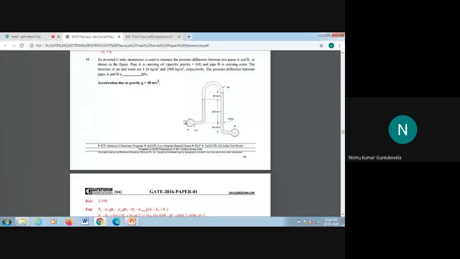So two different types of fluids are there, and they have given the specific gravity also, that is 0.8. Okay, so PA minus rho g h1 minus rho g h2 equals PB minus rho g h1. So PA minus PB equals rho of oil, that is 0.8 into 1000.